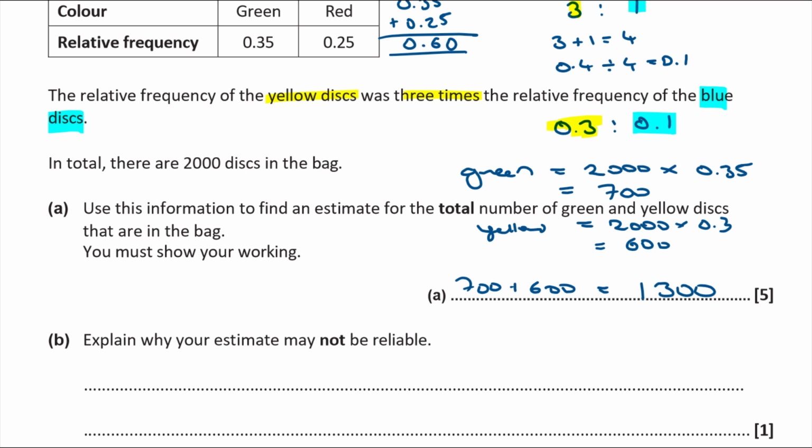Part B says explain why your estimate may not be reliable. And that comes back to the methodology. We don't know how many trials were made in order to do these probabilities, as they're like multiples of 5, and maybe not that many.